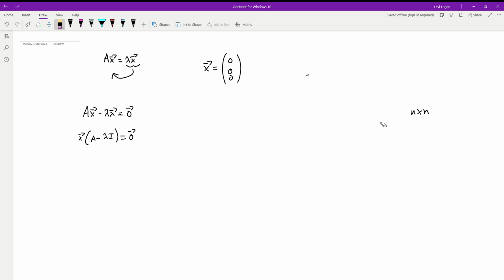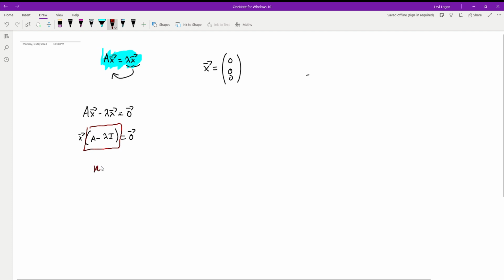For this scenario to work, we are looking for a vector such that it is not the 0 vector. Basically, what that means is this product here is going to be a matrix, but this matrix cannot be invertible. I'll tell you why. Let's say it was invertible.